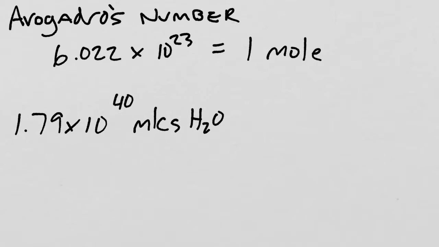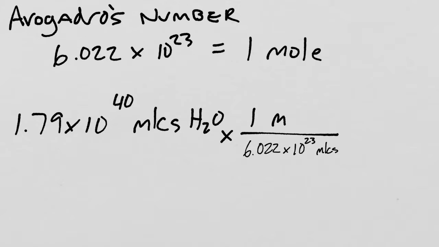So we have that many molecules of water. How many moles is that? So we'll say 6.022 times 10 to the 23 molecules of water is equal to 1 mole of water.